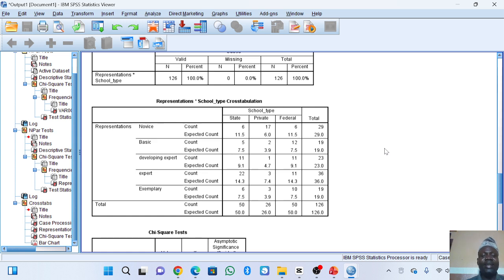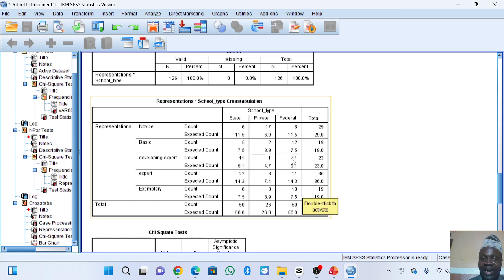there is actually a relationship between the type of school the pre-service teacher comes from and the kind of explanation the pre-service teacher provides. For example, look at the number of people who provided exemplary explanation in the federal institution. They were consistently more than those from state institutions in experts, and in developing experts, except for developing experts where we had 11 counts for state.